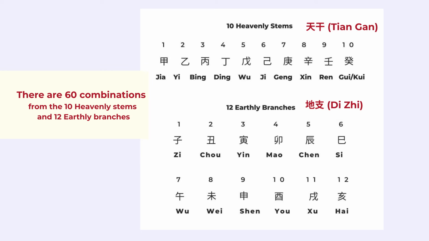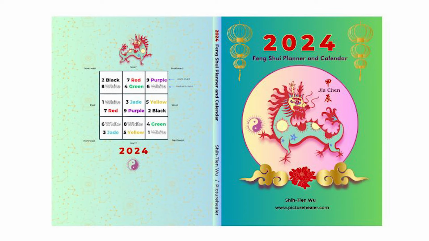And January 2024 is a Yichou month. And January 1st of 2024 is a Jiazi day. I have all the stem branch information in my 2024 Feng Shui calendar. If you are interested, I will have the link in the description box.